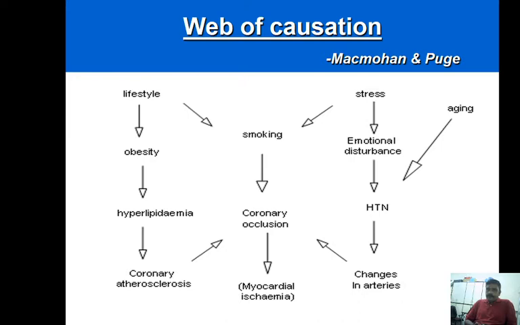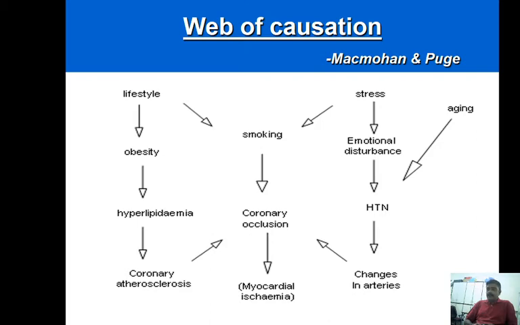One of the lifestyle factors is smoking, and another is obesity. The higher the obesity, you have hyperlipidemia, which can lead to atherosclerosis. Smoking can directly lead to coronary occlusion, and stress can lead to smoking and then to coronary occlusion. Stress can also lead to emotional disturbance and hypertension in the artery, which can again lead to coronary occlusion.